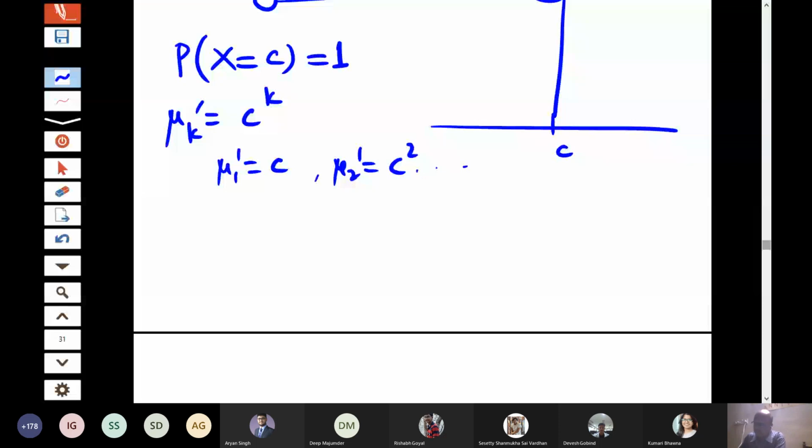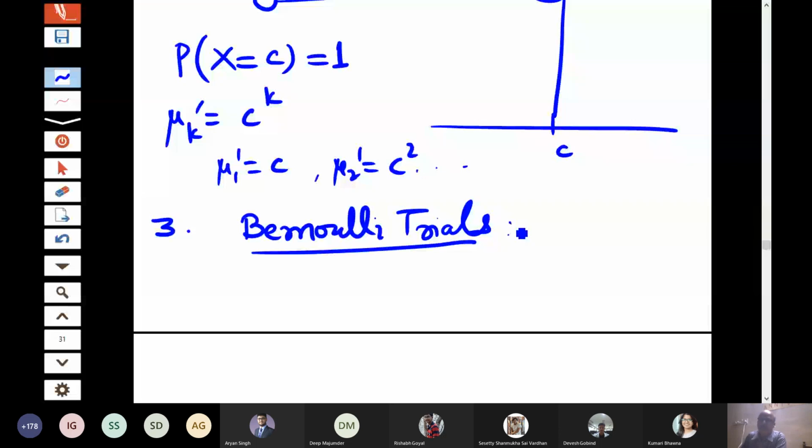The next one is the Bernoulli trial or Bernoulli trials. If a random experiment has two possible outcomes, we can associate the names success and failure to the outcomes. For example, you are doing this course, and your interest may be whether you will get a good grade or not.